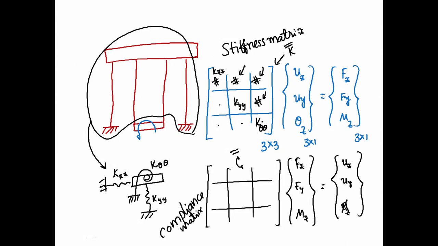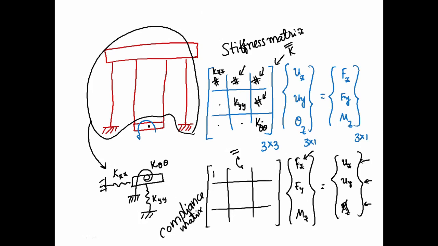In order to get this C matrix, what we will do is we will apply unit force one at a time. We will apply Fx equal to 1. When I do that, at that point in the finite element model, I will have x displacement, y displacement and theta z, right. So, if I apply unit force in the x direction, I will get displacement in the x direction ux, I will put that there.